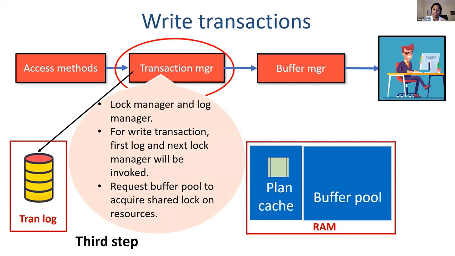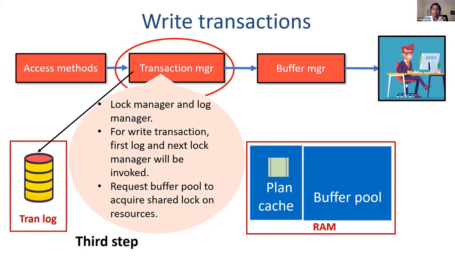Once it writes the information in the transaction log, the transaction manager will request the buffer manager to put an exclusive lock because it's a write transaction. We don't want any other transactions interacting with my transaction here.